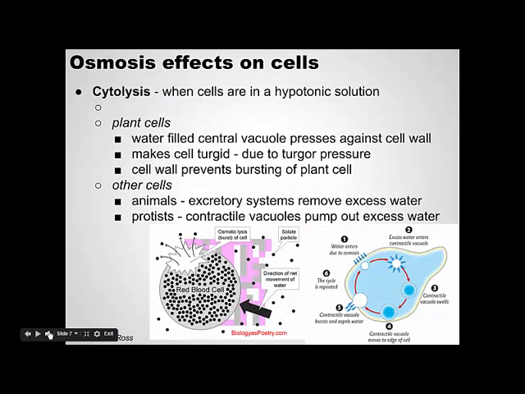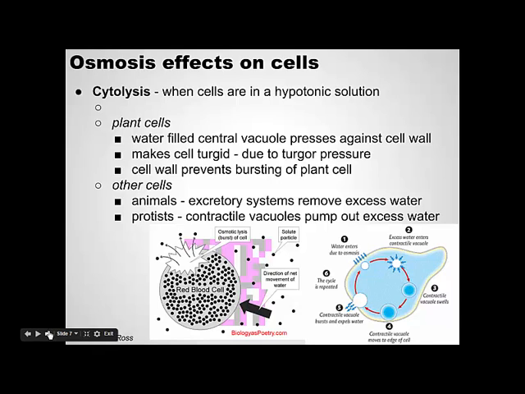All right. So in a cell, how does osmosis affect cells? Well, it has a profound impact lots of times. First off, there are some terms that we need to recognize. Cytolysis. Cyto means cell, like cytoplasm.